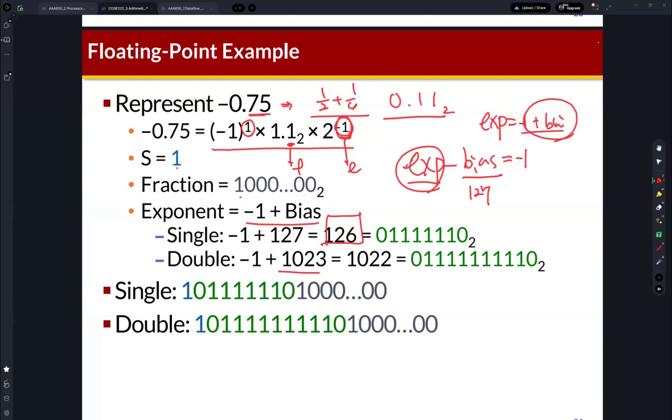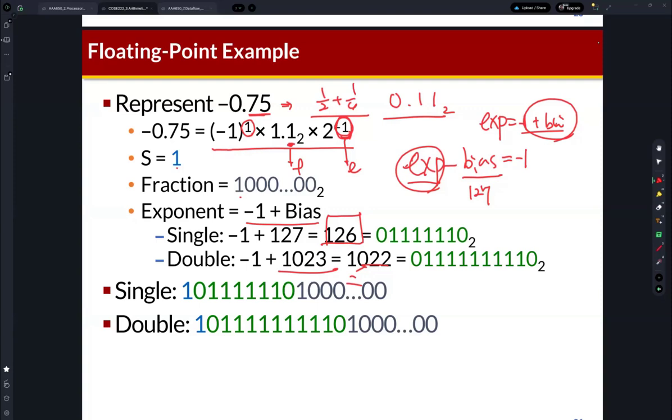And for double, the bias is 1023, so it's 1022. So we can convert a decimal floating point number to a single precision or double precision floating point number like this. It's just a rule, just a definition, right?